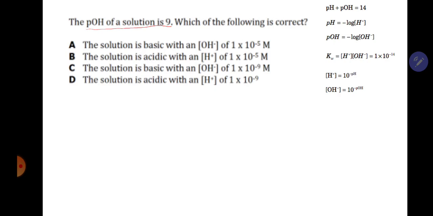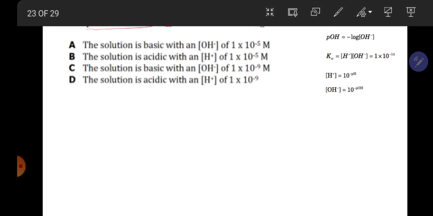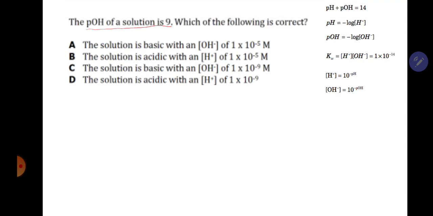Well, the hydroxide concentration is easier to find from the pOH, so let's start there. We'll start with this one. So my concentration of OH is 10 to the negative 9. All right, so that's true. That's false. However, we should probably check some of these other ones just to be safe.